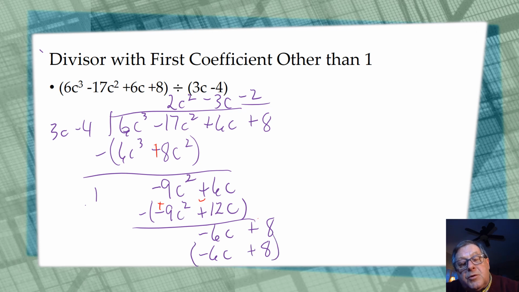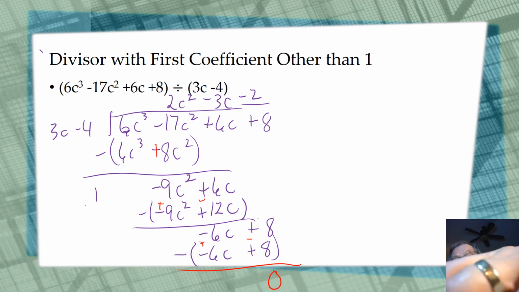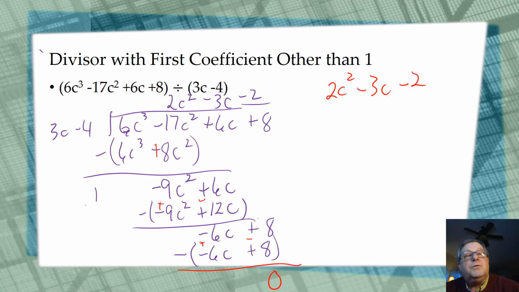And we got to subtract. And when we do, that's going to become a positive, that's going to become a negative. And let's see, negative 6c plus 6c is 0. And 8 minus 8 is 0. Shazam, we got a 0 remainder. And our answer, therefore, is 2c squared minus 3c minus 2.